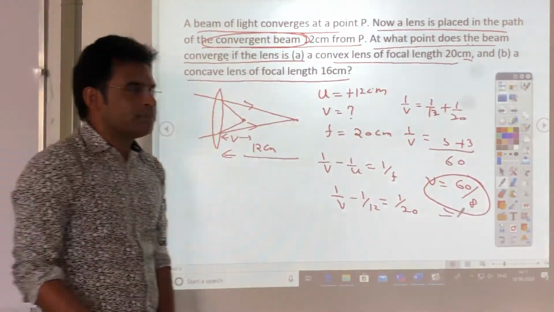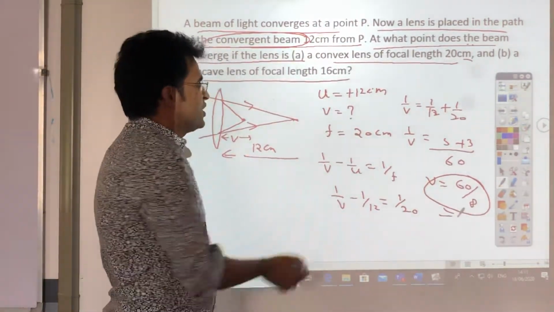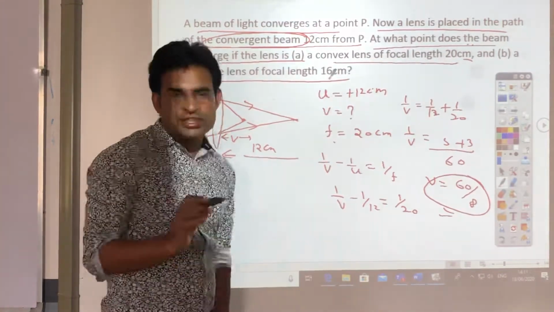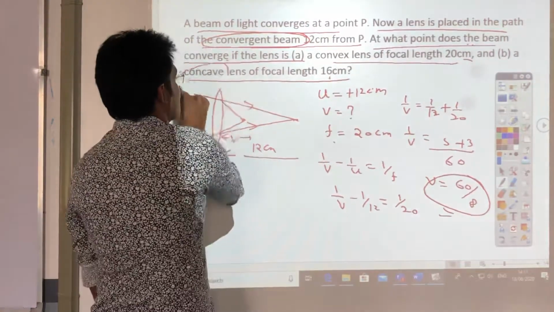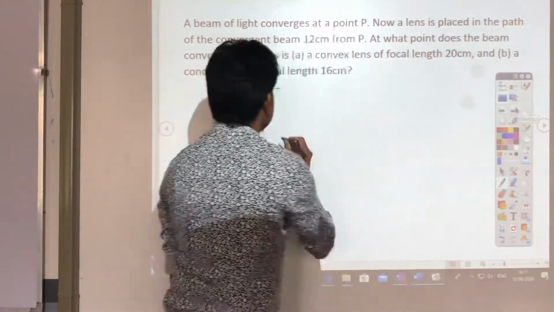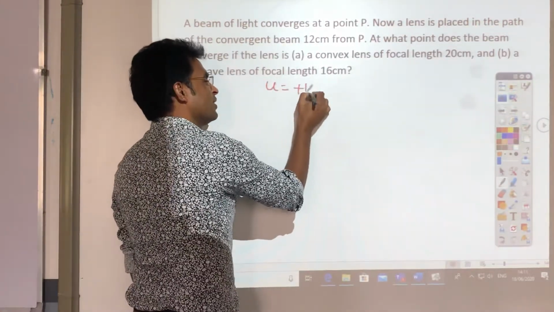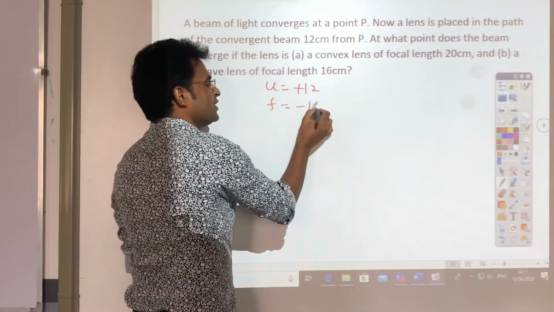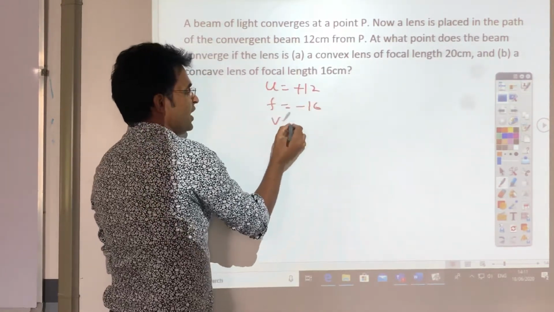Now for the second part of this question, nothing will change. In place of F I'll write minus 16. Why? Because it's a concave lens. So U is again plus 12, and F is equal to minus 16, and V I need to calculate.